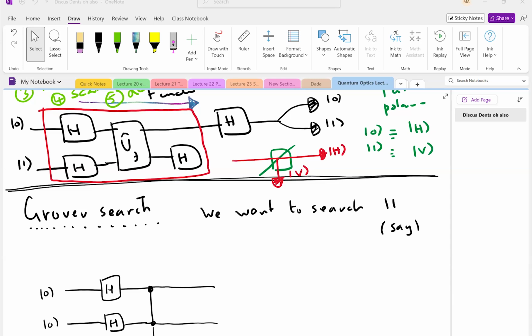But if there are any questions, what I'm going to do next is talk about Grover search, and then I'll move on to measurement-based quantum computing and explain what it means and how measurement-based quantum computing implements Grover's search algorithm. So any questions about quantum algorithms? I'll just pause for 20 or 30 seconds, and then I'll move on.